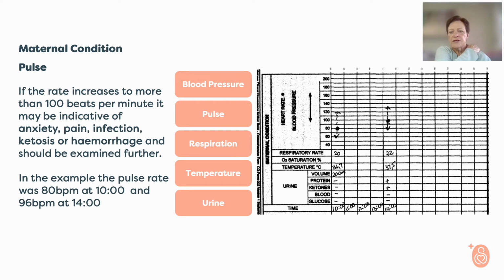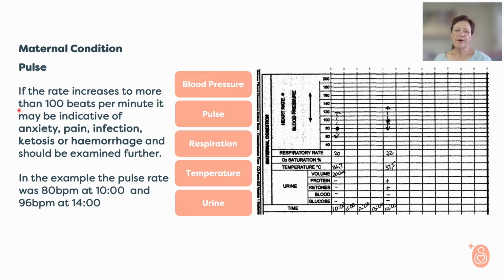So if we look more specifically at the pulse, what is very important here is we all know that when the mother is coming to the labor ward and the maternity ward, especially first-time mothers, they are anxious and they don't really know what to expect, etc. So it very often happens that the pulse is higher than normal.